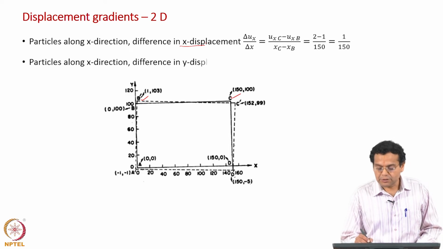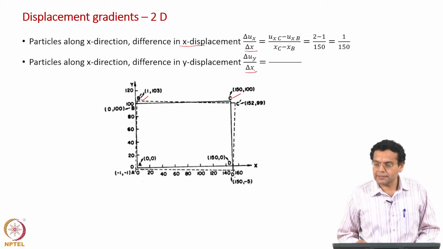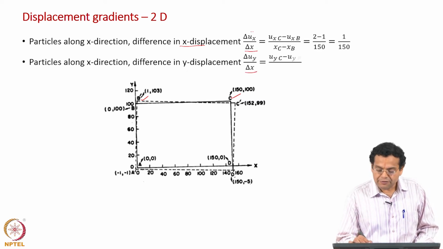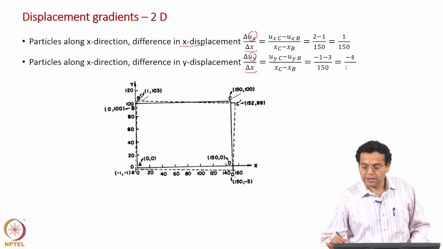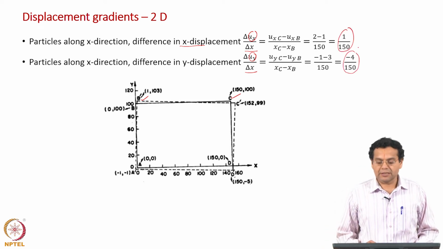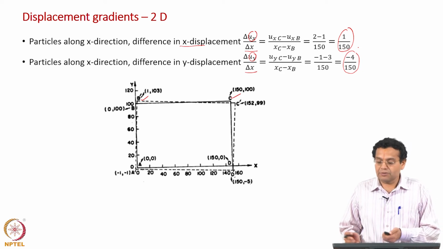Okay. So, that is why our denominator was delta x in both the cases, numerator difference in x displacement, difference in y displacement. We calculated that and then found out it was 1 by 150 and then minus 4 by 150. Now, we are going to use this and arrive at physically meaningful values.